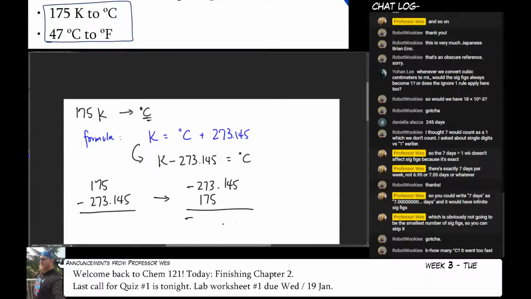So if I do this, I would get 145. 13 minus 5 is 8. I get something like this, right? And then what we're going to do is round to the correct number of sig figs. Well, there's nothing here or here or here, so I don't get these digits. I would instead round to the ones place. So I would say that 175 Kelvin is negative 98 Celsius.